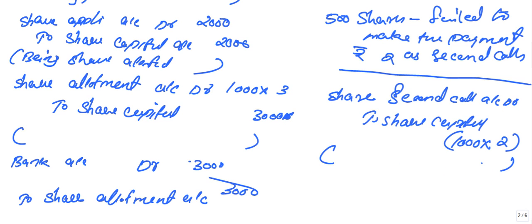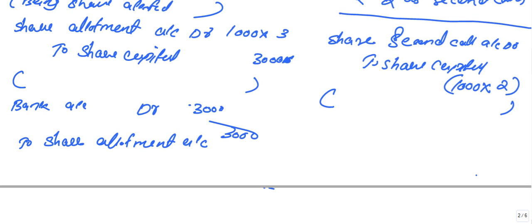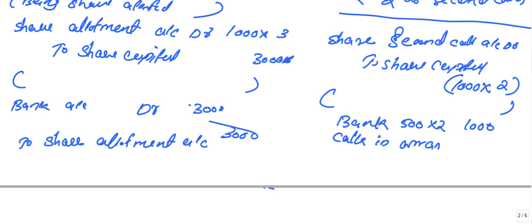Then the next transaction: we want to collect that amount from these shareholders. At that time we received in bank not the full amount. We received only from the 500 shares, not the full amount. That arrear is there. So this is into 2, that 1000 I am writing for bank, and the balance amount I am writing as calls in arrears.